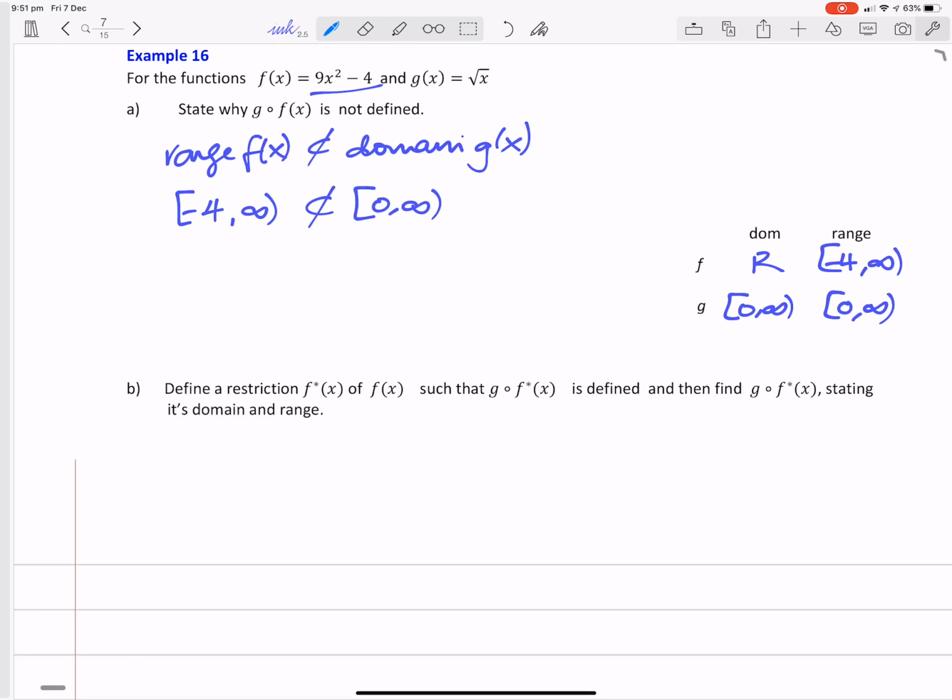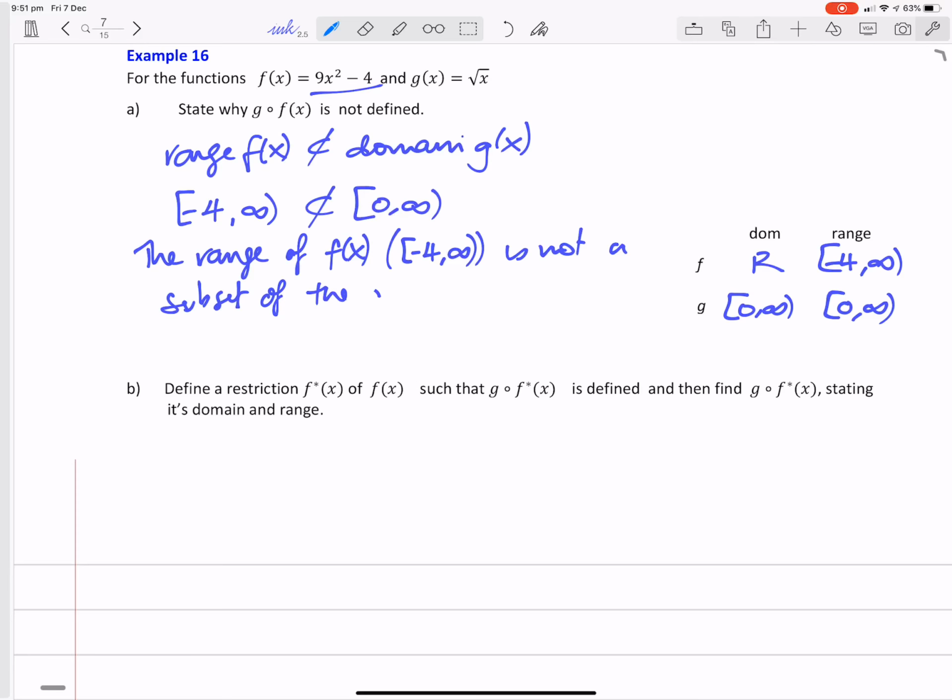No. So the range of f of x, which is -4 to infinity, is not a subset of the domain of g of x, which is 0 to infinity. Therefore, g of f of x is not defined.